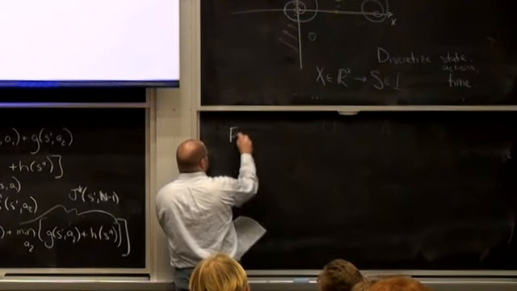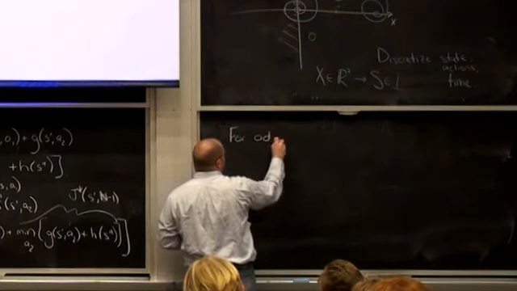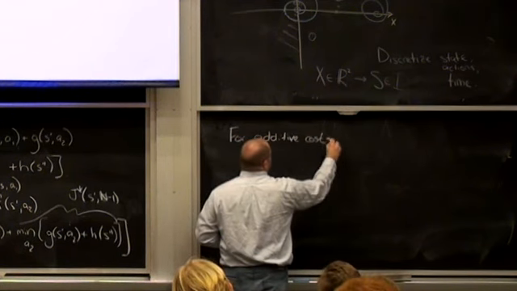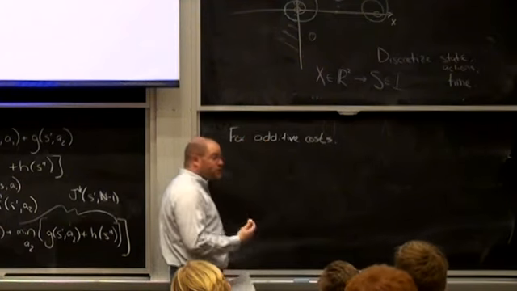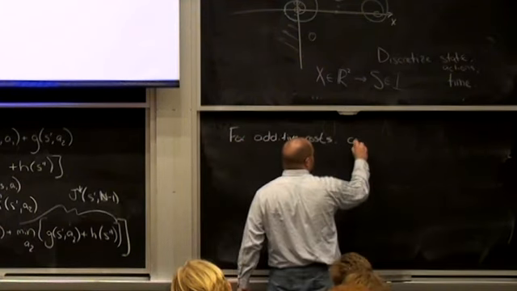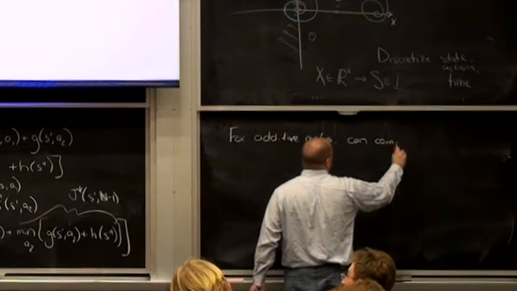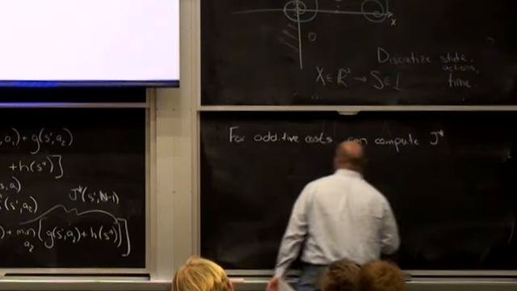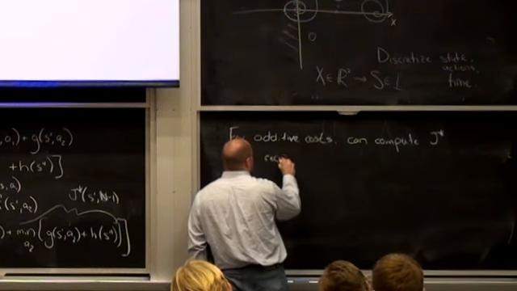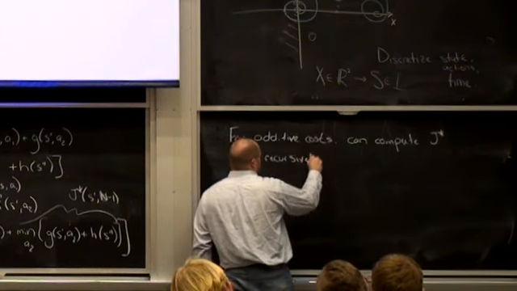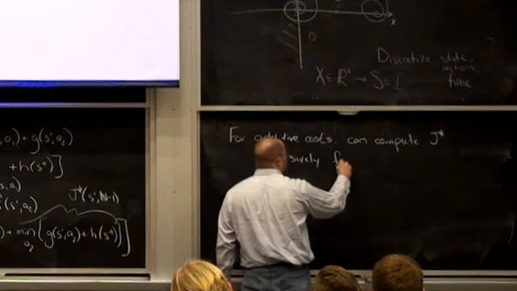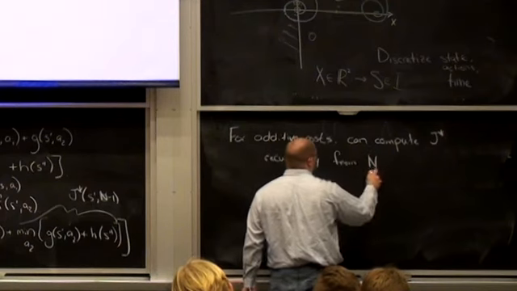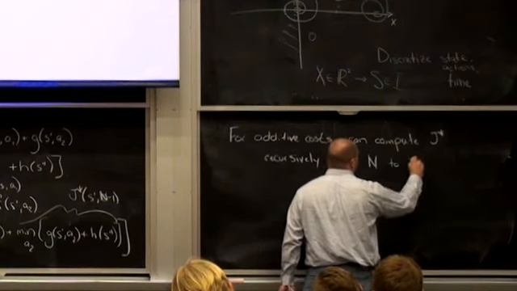For the additive costs, I can compute J star recursively from the end of time, which in this case is n, back to 0.